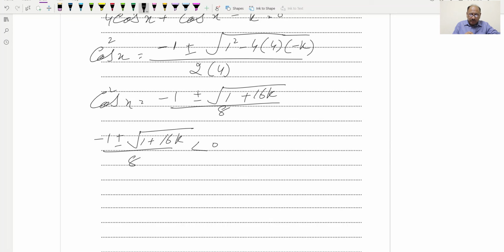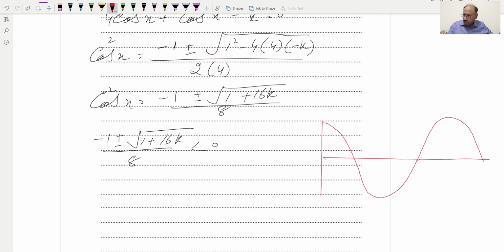So what is the cos angle? If we draw cos, it will have a positive side and then a negative side, then positive and negative again, like this one.